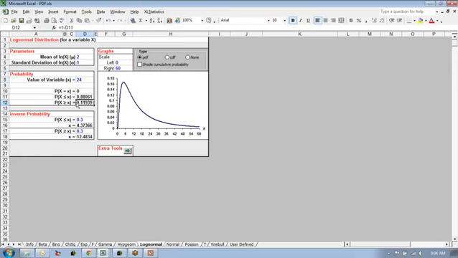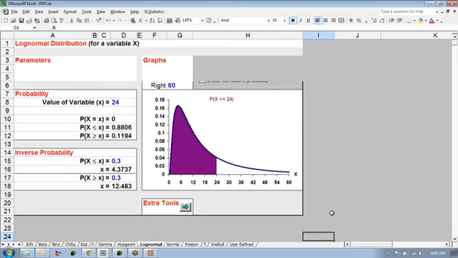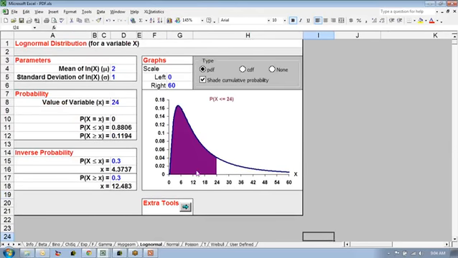It says the probability that it's above that. Let me shade that again. The probability that it's above 24, all this right here, not the purple but the white, all of that. Again, let me blow this up so we can see it a little better. Is 12%. So we're making this guarantee, and yet 12% of the time we're not meeting that guarantee.